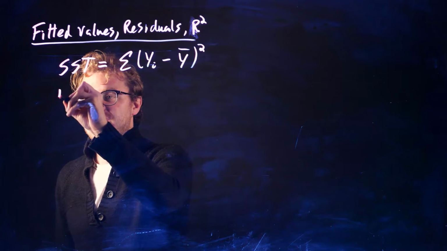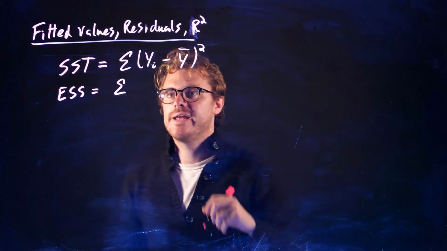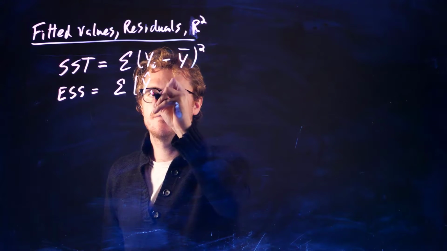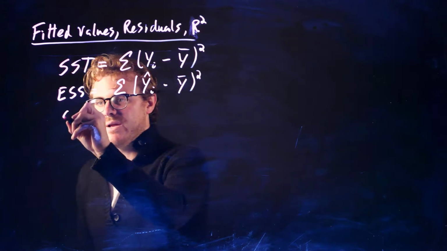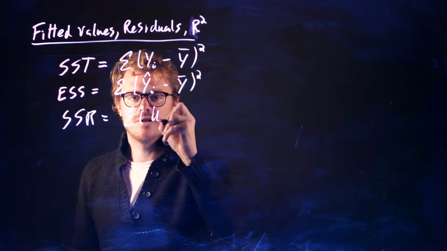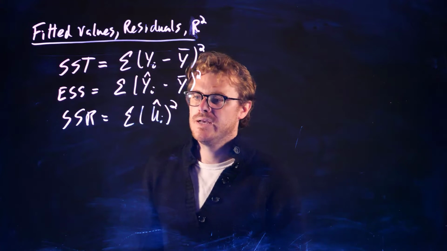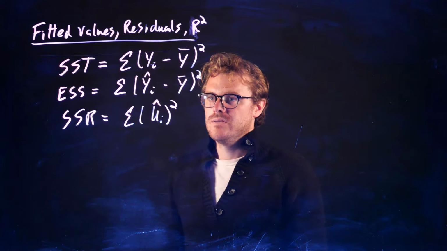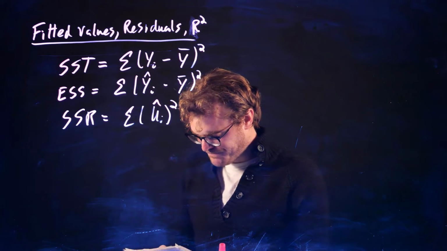We have the explained sum of squares, which is the variation in our predicted values of y. And we have the sum of squared residuals, which is the sum of all of our u hat i squared. Because the mean of u hat i is 0 by definition, remember?